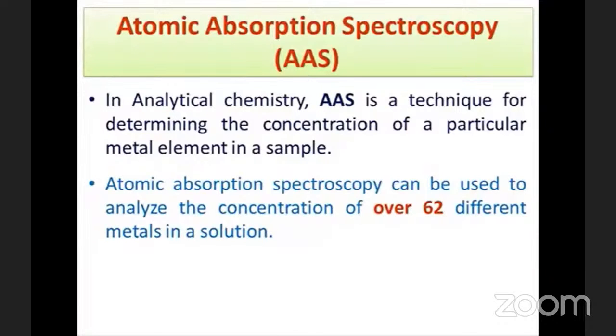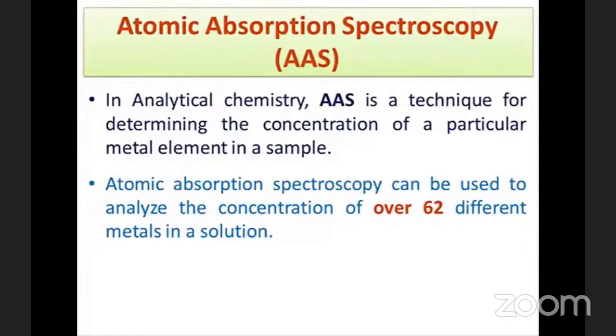The intensity of absorption depends on the amount of sample introduced into the flame. Hence, atomic absorption spectroscopy is an important tool for the qualitative and quantitative estimations of a large number of elements.